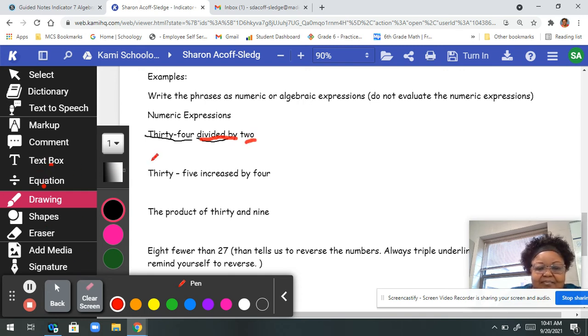So let me try to write this with my mouse. 34 divided by 2.